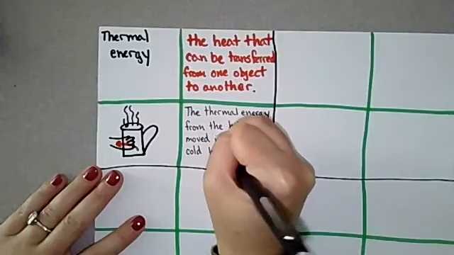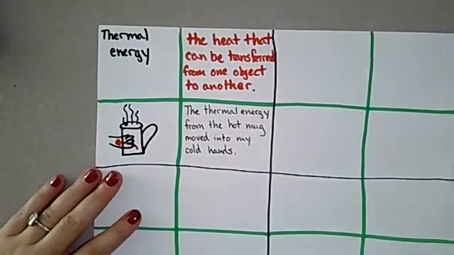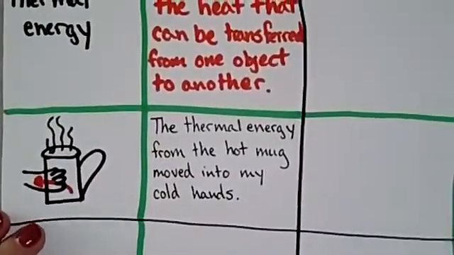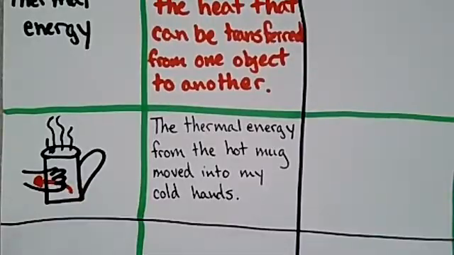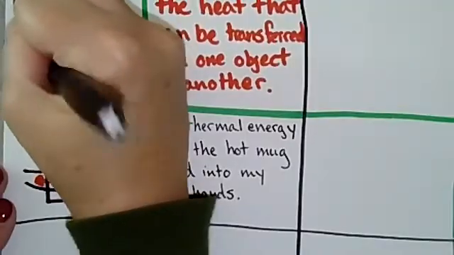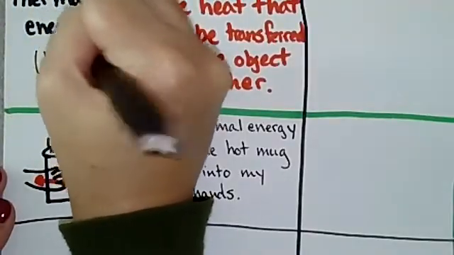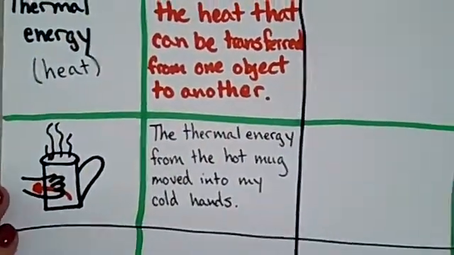That is thermal energy. Thermal energy moves from the hot thing into the cold thing. Thermal energy is just heat, guys. I'm going to come up here and put in parentheses, it's just a fancy word for the word heat.